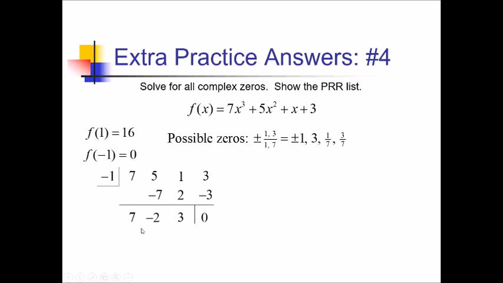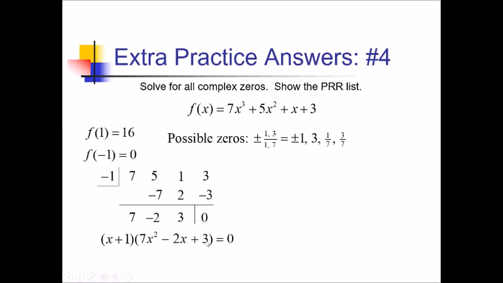This tells me I can factor things a bit. So I can break my f of x up into x minus my box number, so x plus 1, times my quotient. This is going to be 7x squared, one exponent lower than the original started with, minus 2x plus 3 equals 0. And I might be able to factor this.